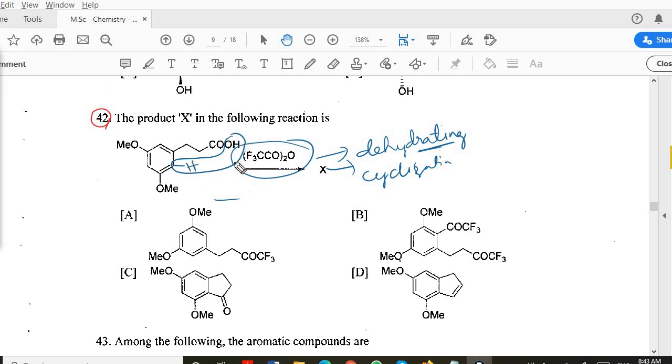After the elimination, it is going to form the cyclic product, which is this. Why it happens at the ortho position: this is also ortho to the methoxy. The ortho positions of the methoxy are an electron-excess system where electrophilic attack will happen. So that is the reason to give option C.